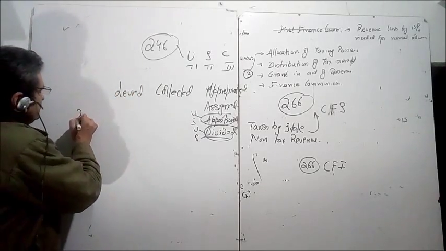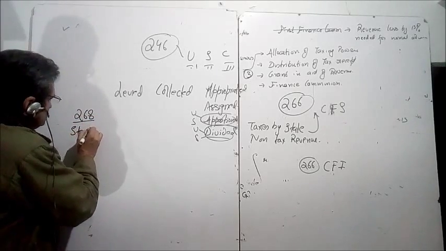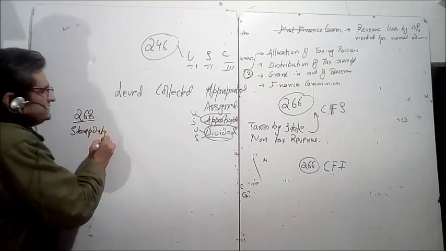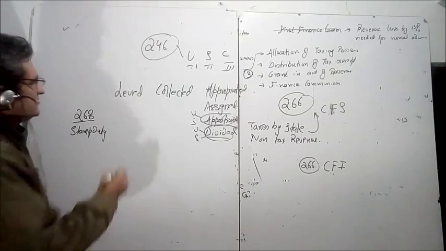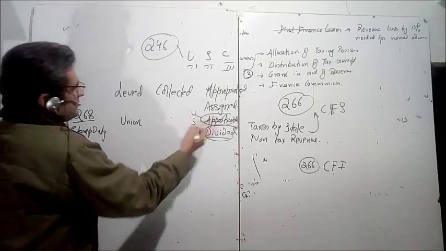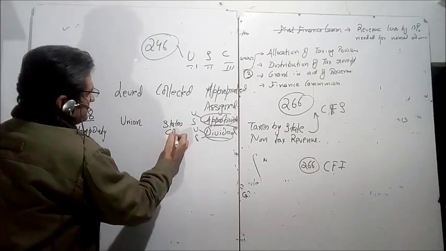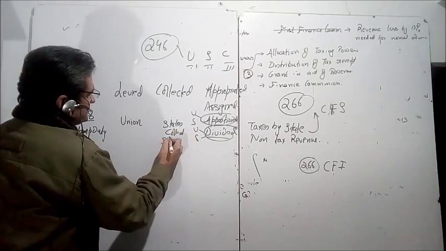So 268 deals with stamp duty, which is in the union list. So it is levied by union, but it is collected and appropriated by states. So states collect it and states appropriate it.